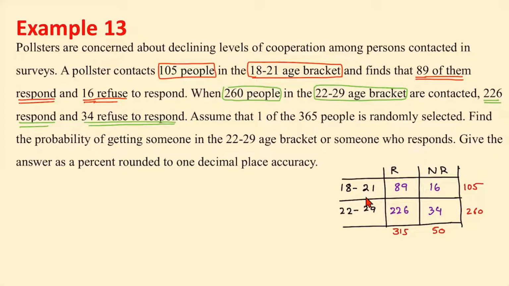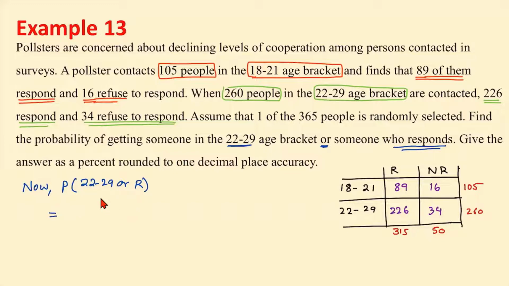Now we have to find the probability of getting someone in the age group 22 to 29, or someone who responded. We can write R for them. Because we have "or" here, we can use the addition rule.